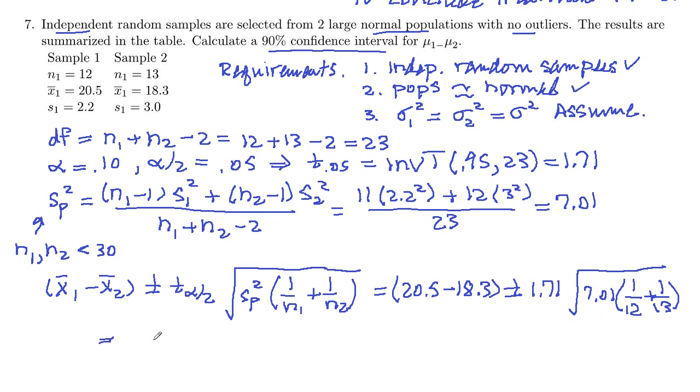So that difference of the means is 2.2. And then this entire margin here, plug that into the calculator, you will get 1.81. So 2.2 plus or minus 1.81. So 2.2 minus 1.81 is 0.39, and then 2.2 plus 1.81 is 4.01.